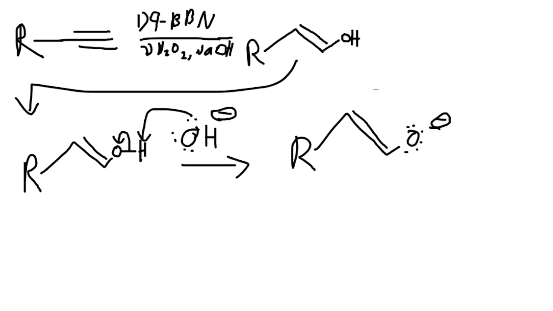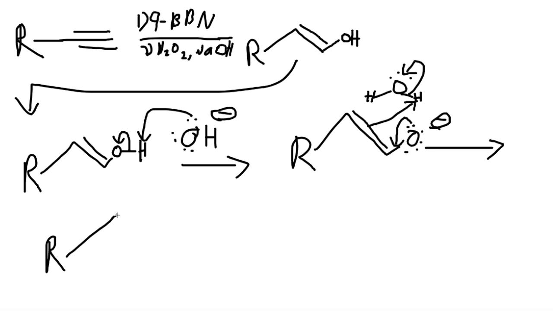From here, we would use water because we made water from this. The electrons from oxygen would go and form a double bond over here. This double bond will grab that hydrogen, and the hydrogen's electrons go to oxygen. So we get a double bond forming here with 2 lone pairs on oxygen and the hydrogen that we have grabbed.